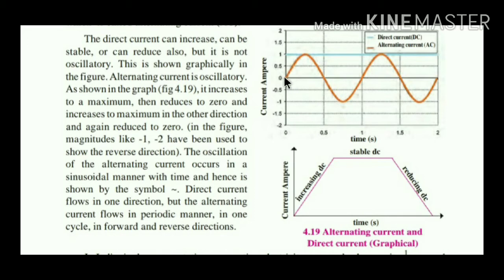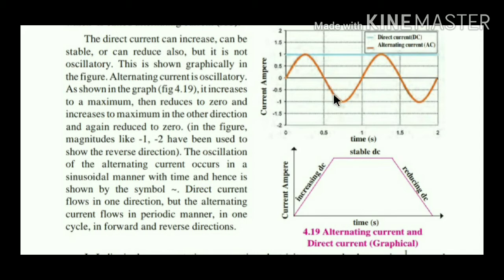This is 0. These are 0.5, here minus 0.5. This is one direction and this is the opposite direction. Hence, this current first increases to maximum. Here it increases to 1. This is the maximum. Again it reduces to 0. Here is 0 and it increases to maximum in the other direction.